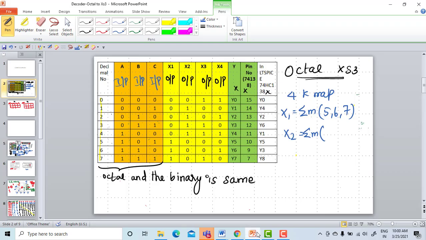So I am writing here x2. For which min terms is my x2 1? It is 2, 3 and 4, and even 1 is there. Okay, so 1, 2, 3 and 4.